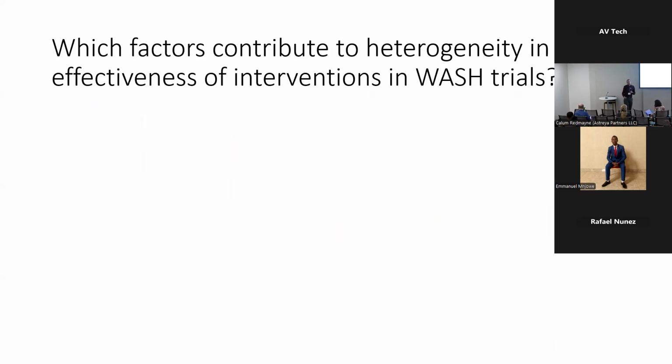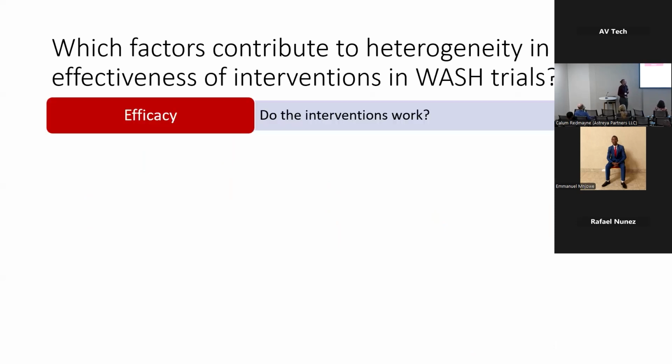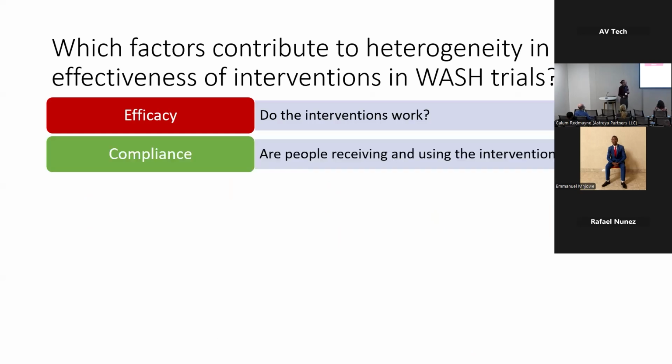So what are the factors that may be contributing to the heterogeneity and lack of consistency in the results? Could it be just efficacy? Is it that the interventions don't work as well as we think they do? Is it compliance?